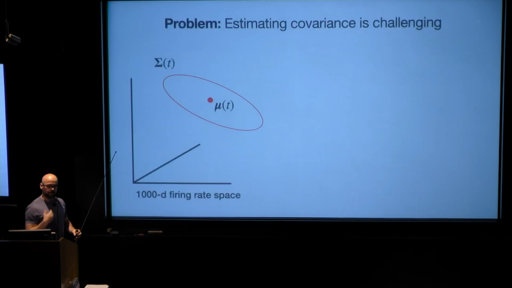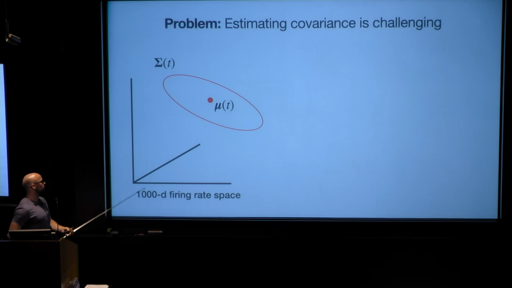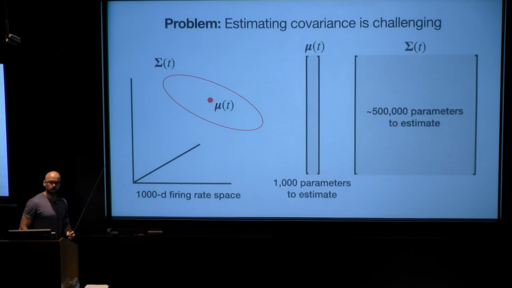On this slide, I'm doing something that a neuroscience audience would immediately follow along with: I can only draw this in 3 dimensions, but I want to think of each axis here as the firing rate of an individual neuron. So I'm showing you 3 neurons here, but in reality, this is a much higher-dimensional space.